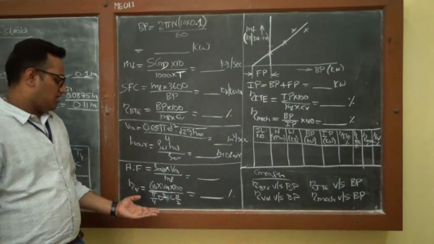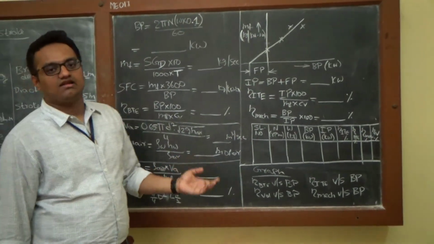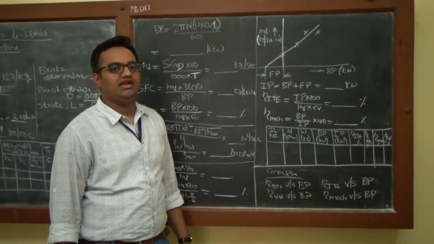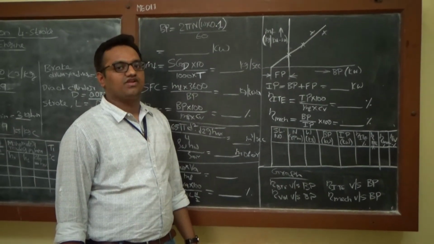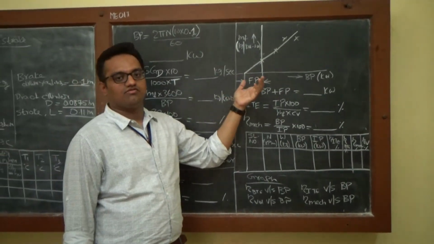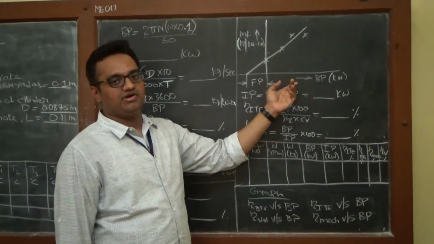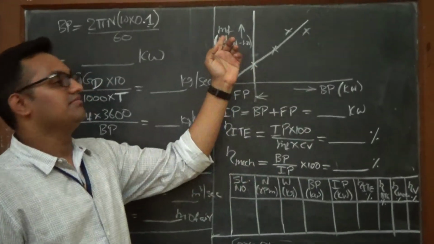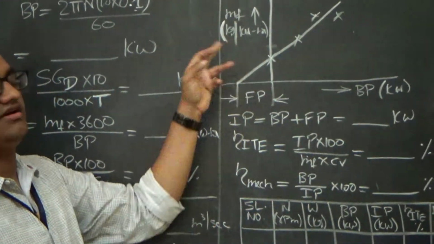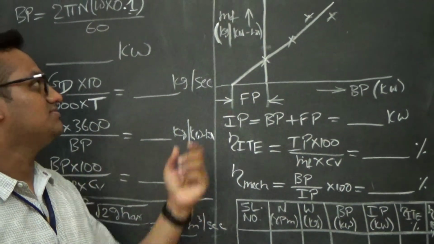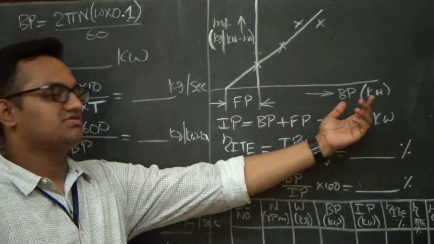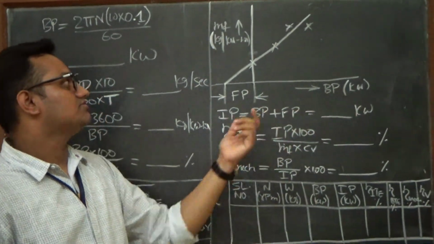Beyond this, we need to calculate the indicated power. To calculate the indicated power, we need the frictional power. How do we calculate the frictional power? By drawing a plot between MF, the mass of fuel consumption in kg per kilowatt hour, and BP in kilowatts.